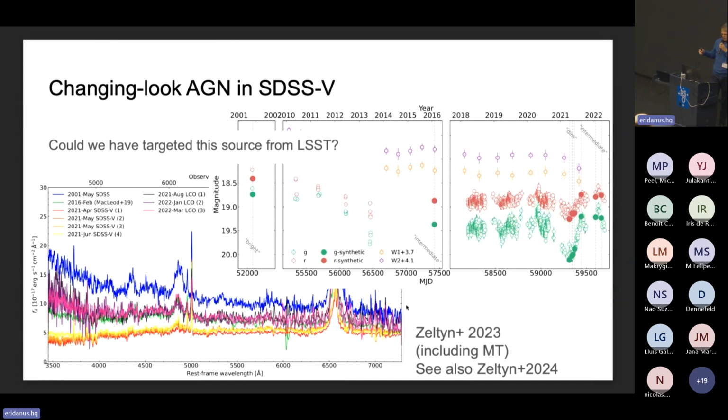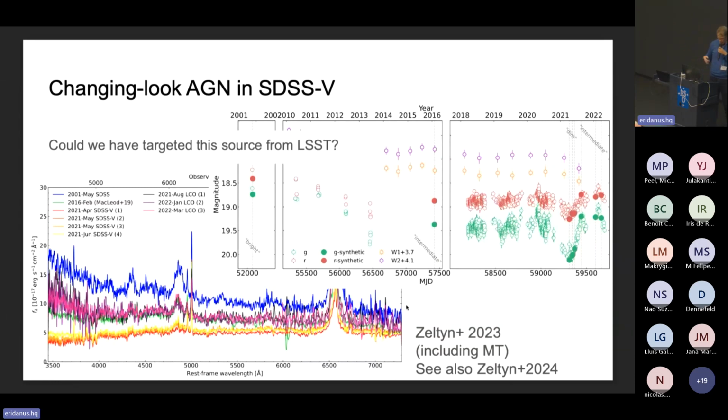But we didn't know what this light curve looked like when we started getting these spectra. It wasn't targeted based on the light curve; it was targeted because it was an archival known object. It could easily have been the quasar next door, and if that had been the case, we would have missed this really interesting event.